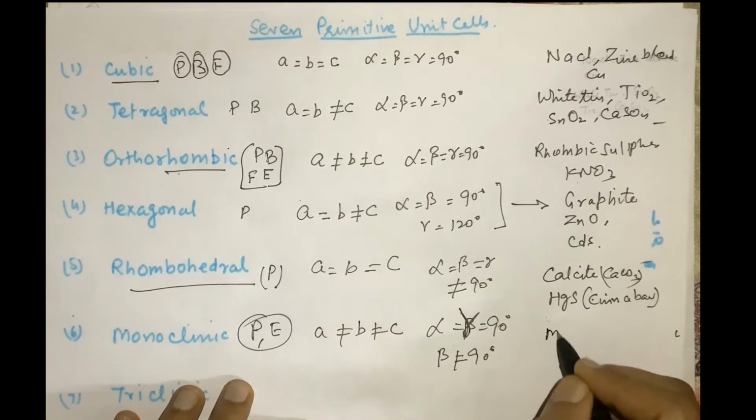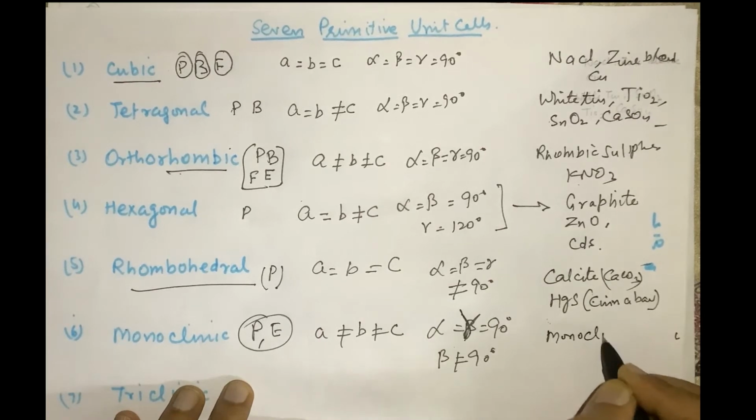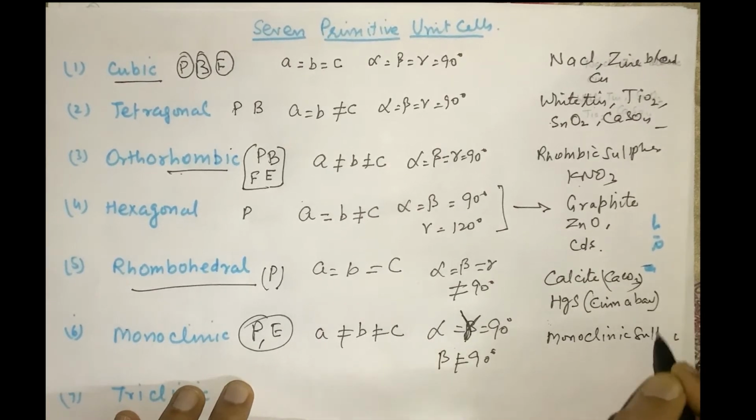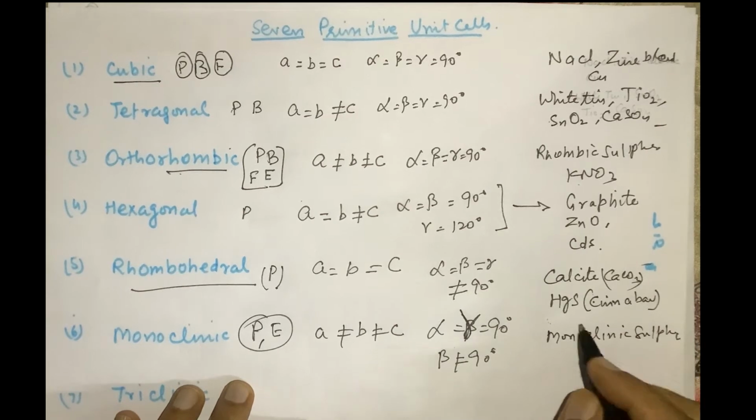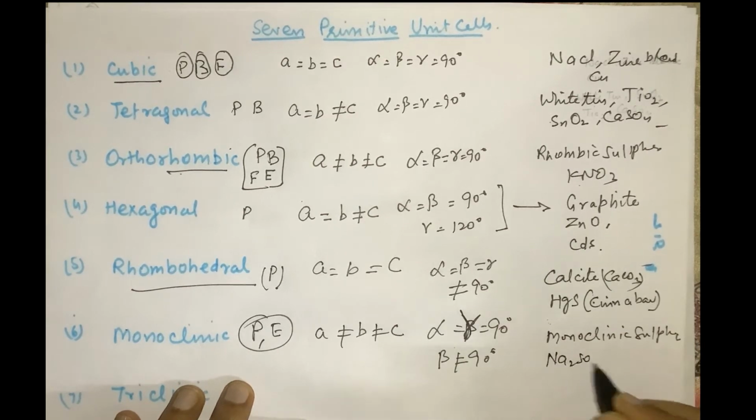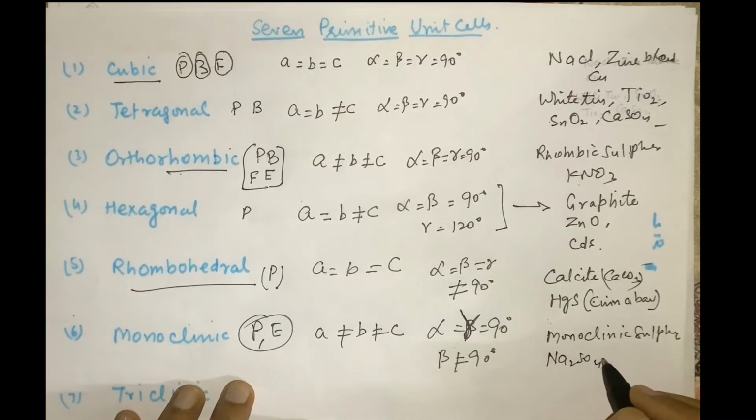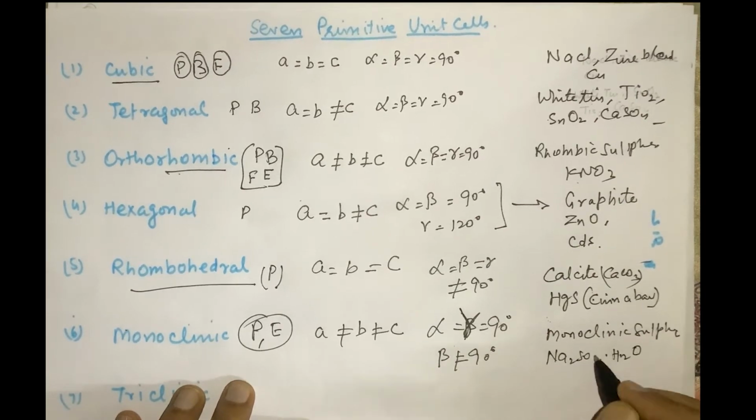And monoclinic sulfur, its examples, and Na2SO4, sodium sulfate, (10H2O).